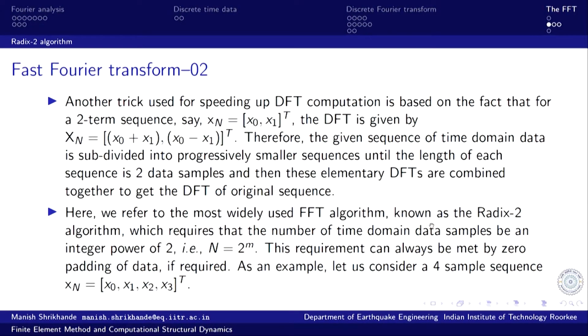So, the Radix 2 algorithm requires that the number of time domain data samples be an integer power of 2. So, the total number of data points has to be 2 raised to the power m, m being a positive integer, and this requirement can always be met by 0 padding of the data if required.